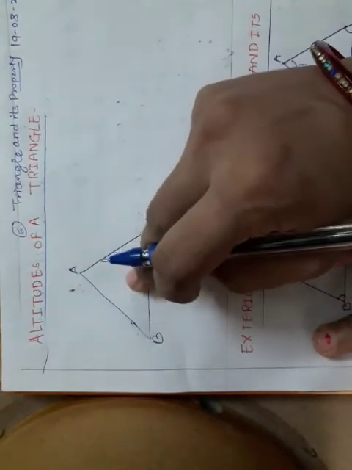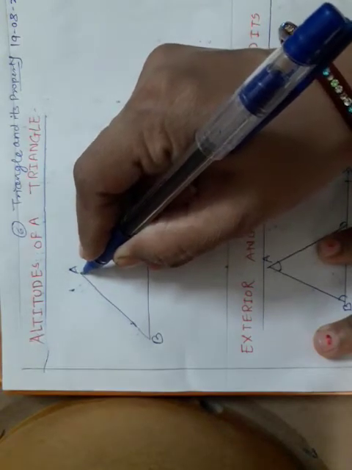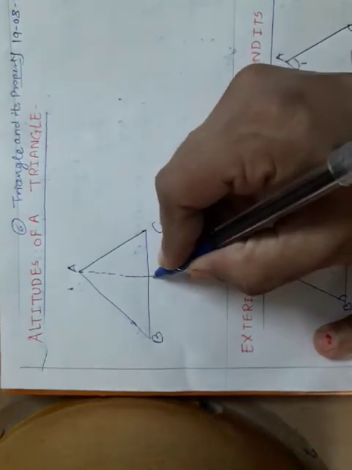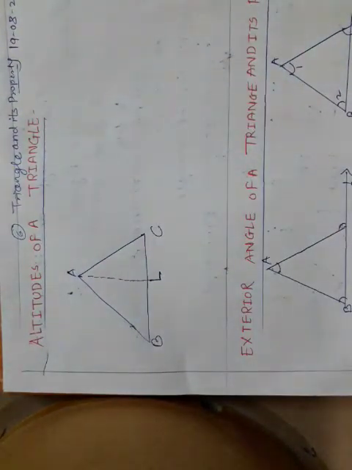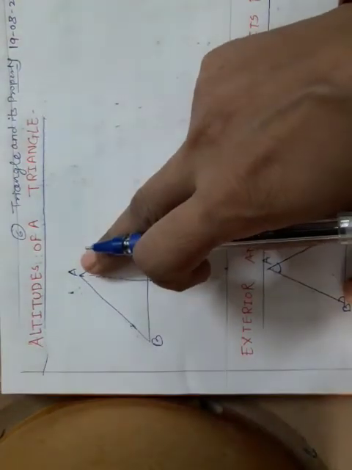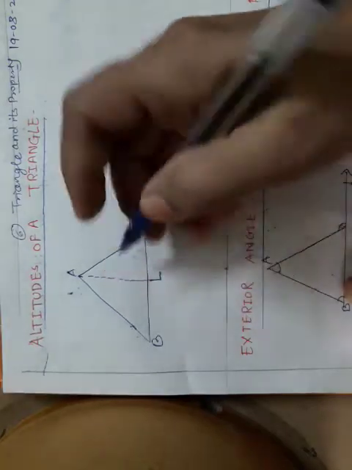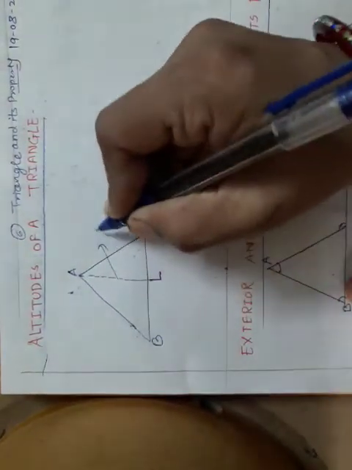The perpendicular line segment is drawn from the vertex A, and this is the point L. Now the perpendicular line segment drawn from the vertex to the opposite side is known as what?